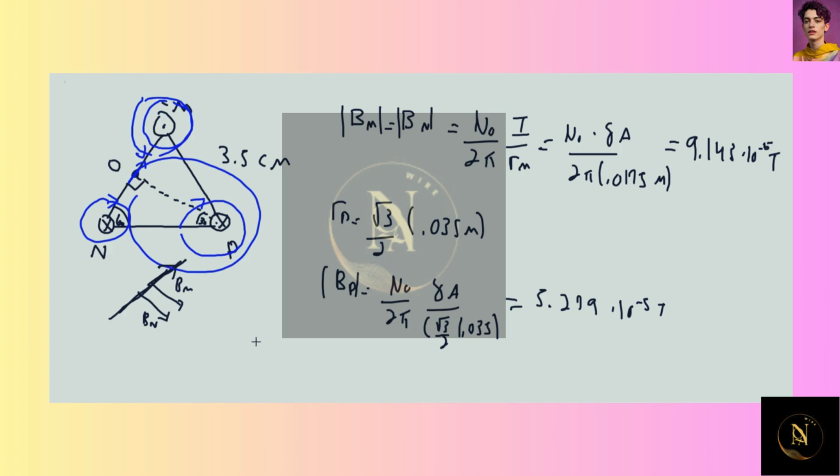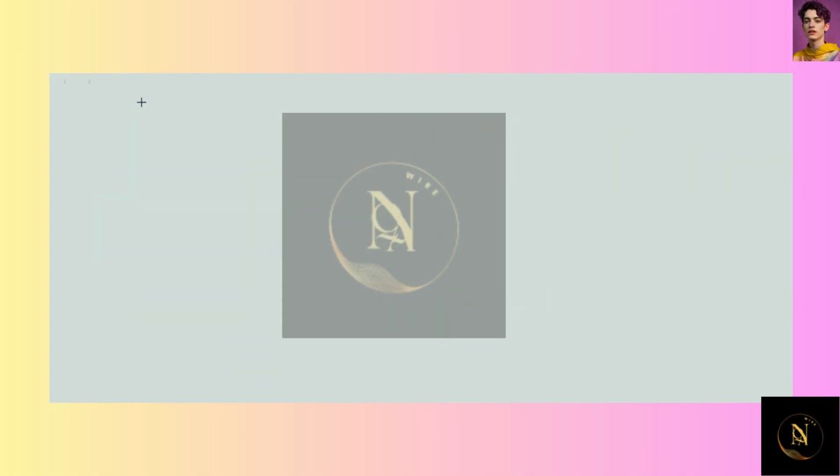Now we need to break these into components. We know that BP is making a 60-degree angle with the horizontal, since it's making a similar triangle to the overall triangle. And then the other two, BM and BN, have to be making 30 degrees below this line, since that's a right angle.